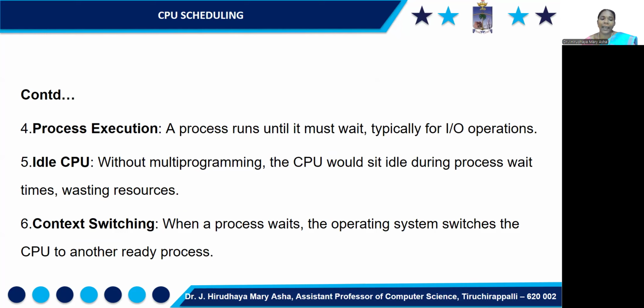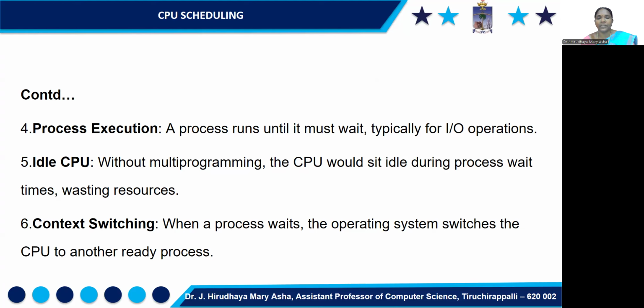And the next one is idle CPU. With this, a CPU should be kept idle when it is working in a single processor environment. If it is in a multiple processor environment, the CPU will be busy all the time. And the next one is context switching. Context switching is nothing but getting the attention of the processor by the process.